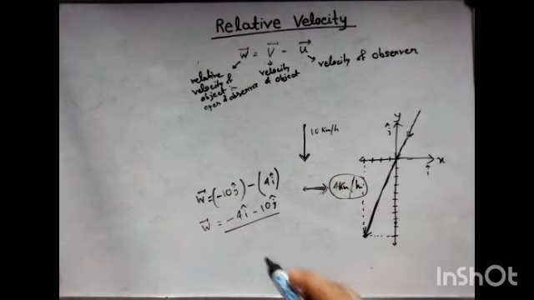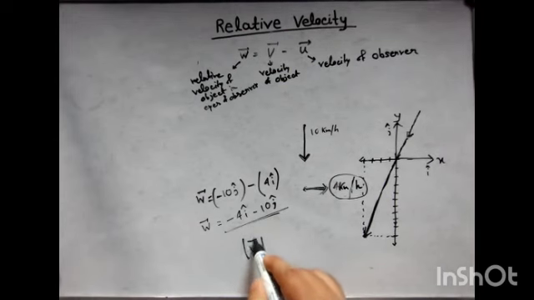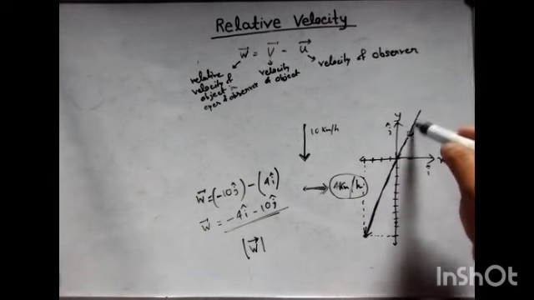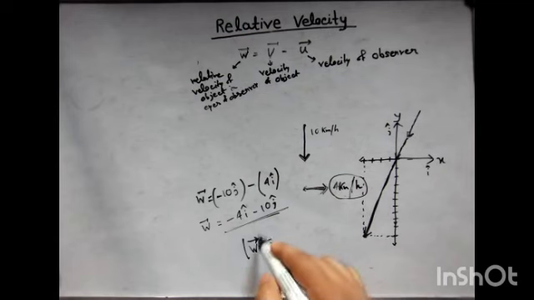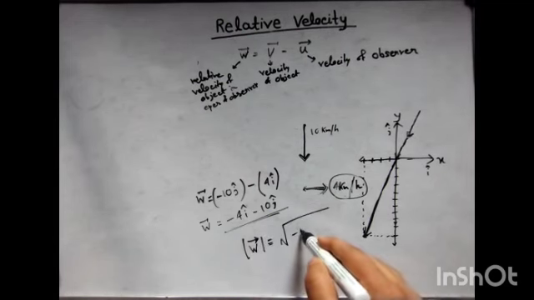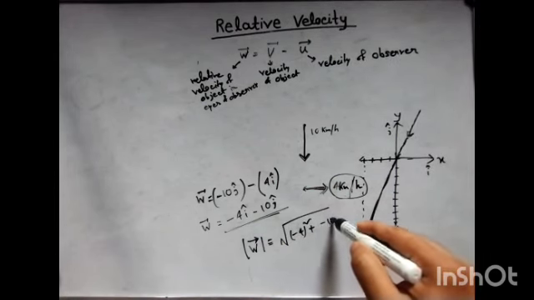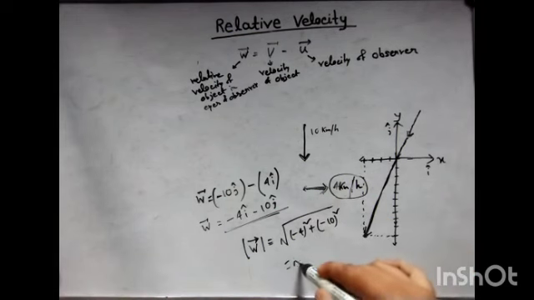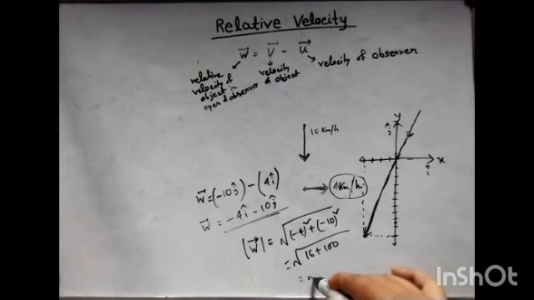How will we do that? From this vector we know how to find its magnitude, and we still have to find what will be the speed of the rain and at which angle it is falling. So that will be the modulus, root over minus 4 square plus minus 10 square. So that is root over 16 plus 100, root 116.